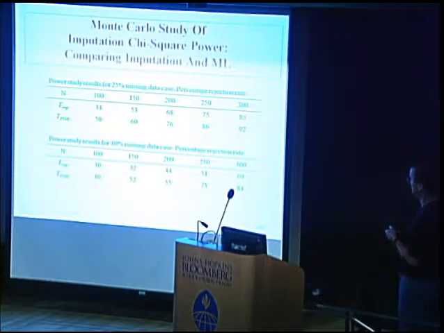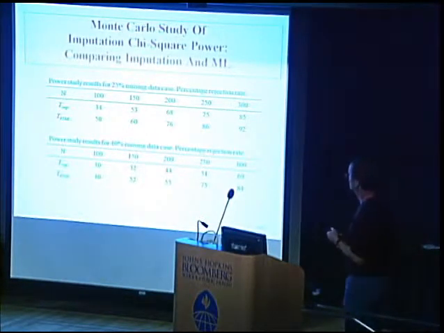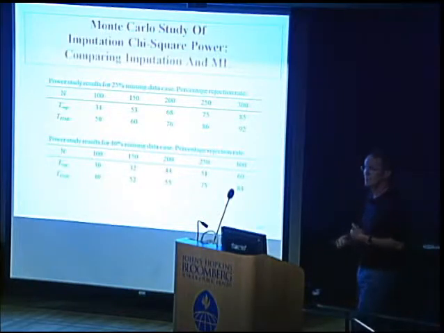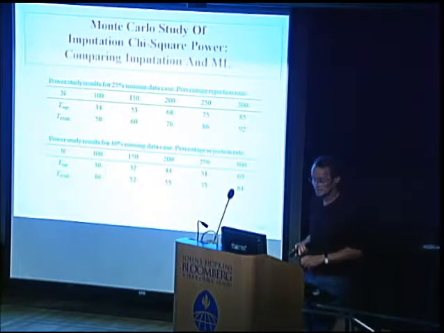In this case, analyzing them by ML. So that's not too bad for the imputation. It's fairly close to 92, and at least it is a decent power for 300. But when you go down in sample size here, the imputation power is less, and the difference becomes bigger between the direct ML and the imputation. So when you have small sample sizes, say less than 250 or 300, you may want to try to stay with the full information maximum likelihood. That's what this slide says.